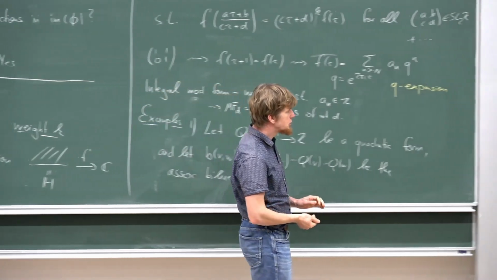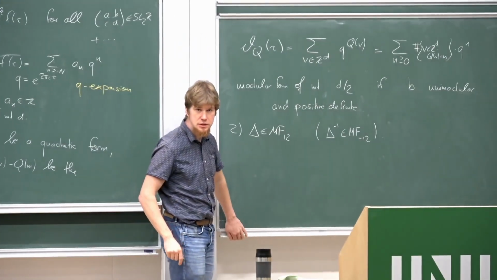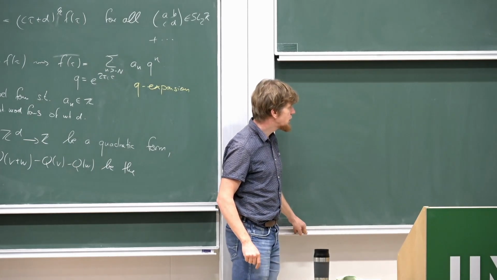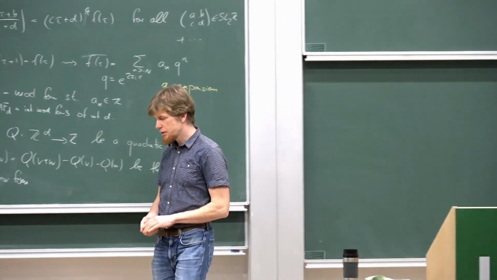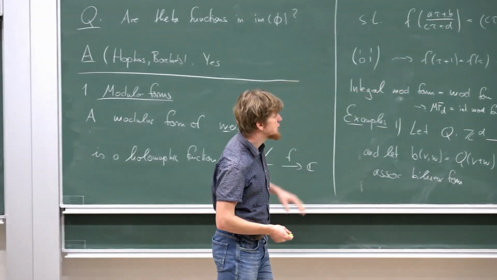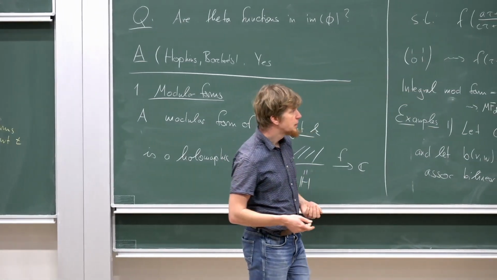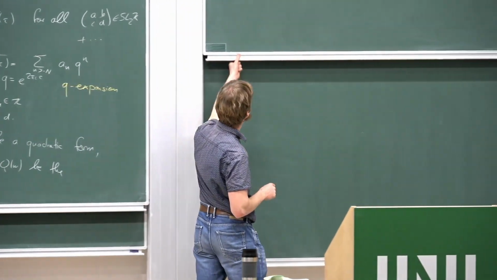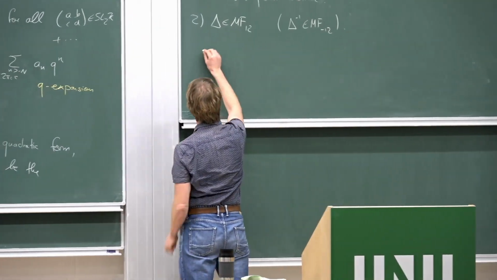Before we go on, first of all, any questions about this? So before we go on to TMF, I want to make a short geometric reformulation of this modular form thing, because this will make it much more transparent how to define TMF. So, geometric reformulation.